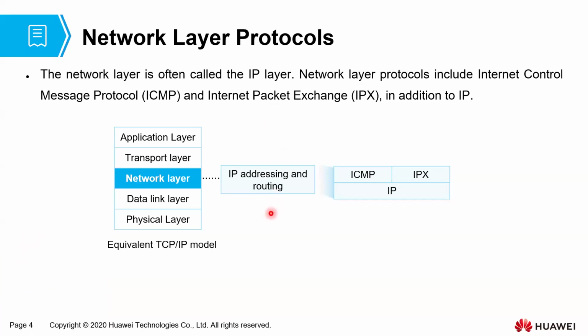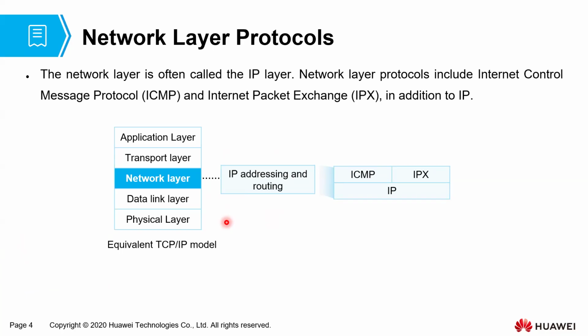Okay, so we have IP, which is used for unique identification of every host on a network. We have ICMP, which is used for messaging, a control messaging protocol. We have IP version 6. We have IPX. Those are some of the common network layer protocols.